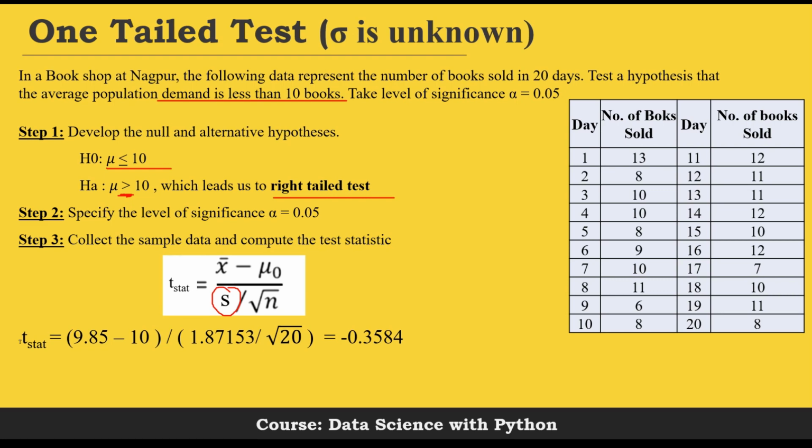In this case you have to take the summation of the number of books sold divided by 20 to get x bar. Similarly, you have to calculate the standard deviation. So x bar is 9.85 and s is 1.87153, right? So it gives the value of minus 0.3584 as the t-stat.